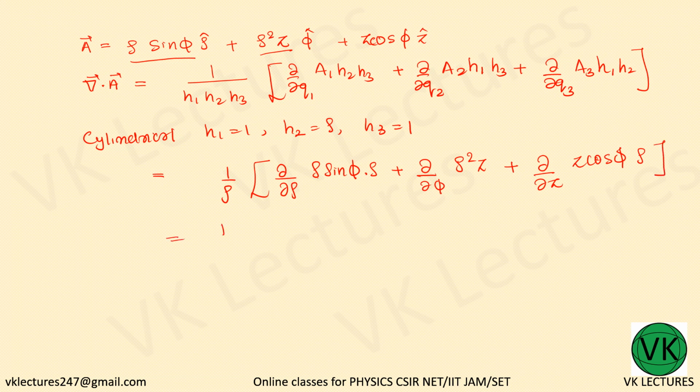So that's equal to 1 by rho. This is rho square, so 2 rho sine phi, plus this term will go, since it has no phi dependence, plus dou by dou z, so rho cos phi.